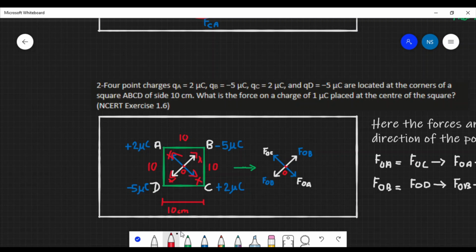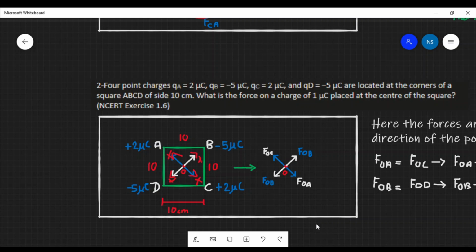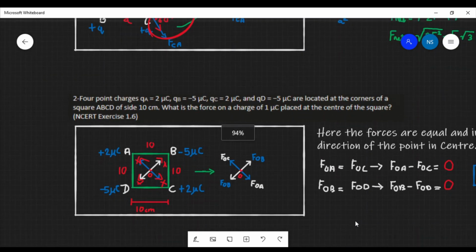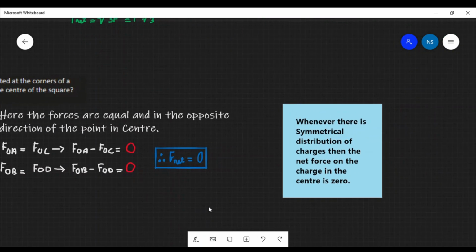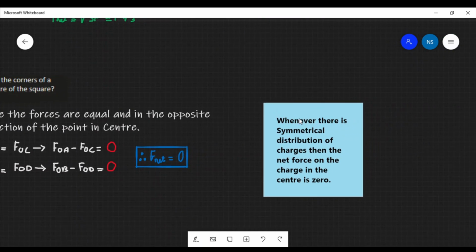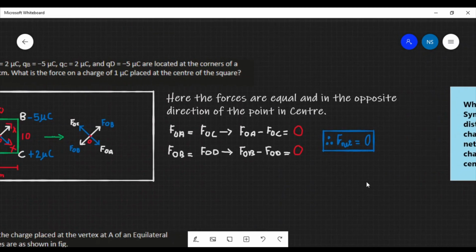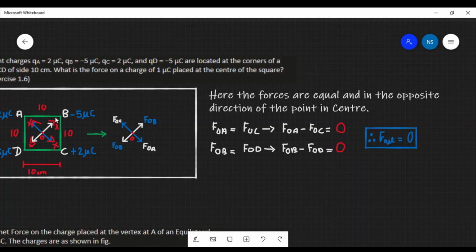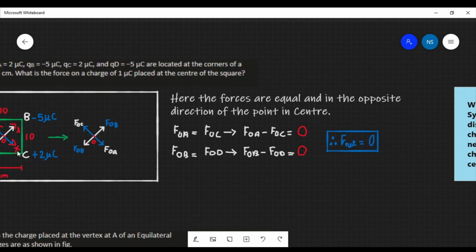So hence we can come to a conclusion without even solving, that the net force on the charge at the center is 0. There is one thing that you can note from here, that whenever there is symmetrical distribution of charge, then the net force on the charge in the center is 0. Like in this case we see that there is symmetrical distribution and the charge is at the center, therefore the net force on that point will be equal to 0.